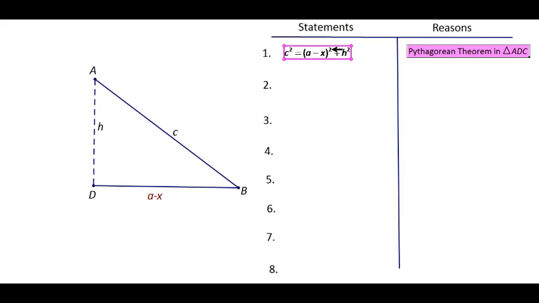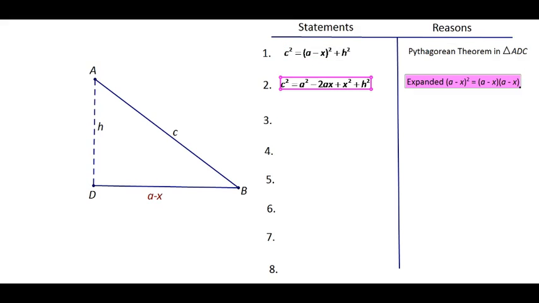Now, the only thing we can do with that is multiply A minus X times A minus X using expansion. Many of you would know that as FOIL. So we're expanding the A minus X to get A squared minus 2AX plus X squared plus the original H squared that was already there.